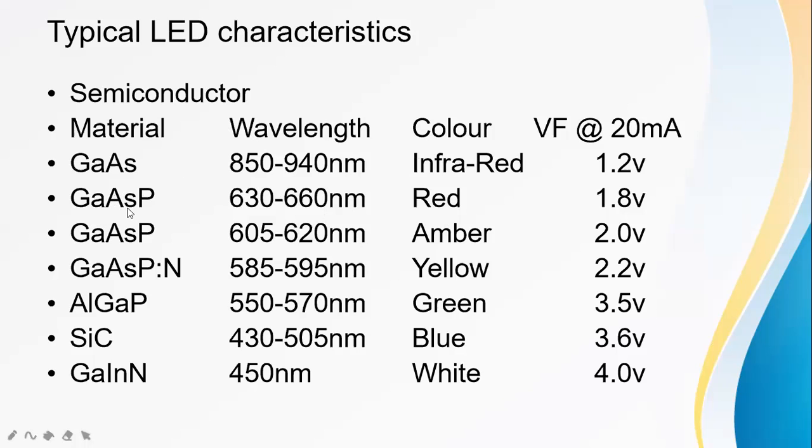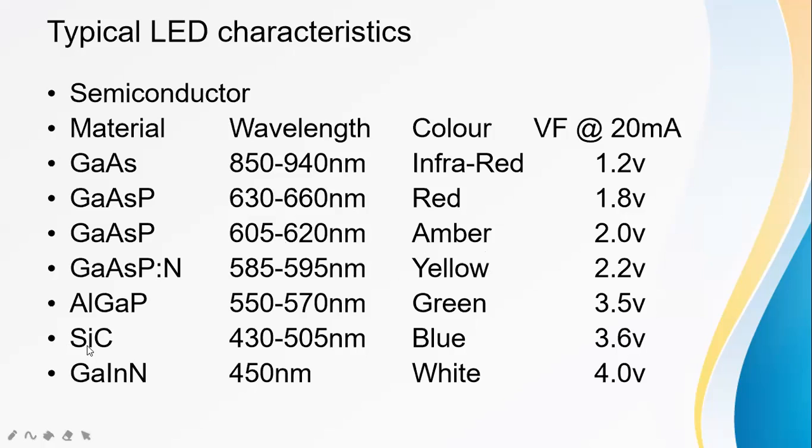Gallium arsenide phosphide has a wavelength of 630 to 690, around 660 nanometers, and the color is red. If the wavelength is 605 to 620 nanometers, the color of the LED is amber. The operating voltage is 2 volts.